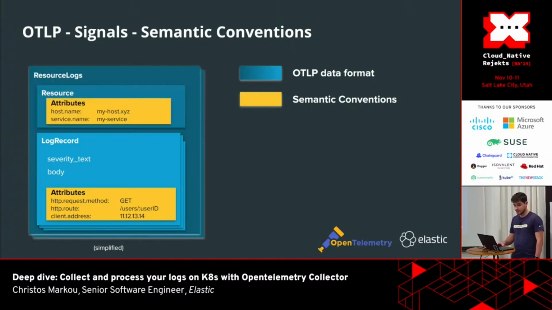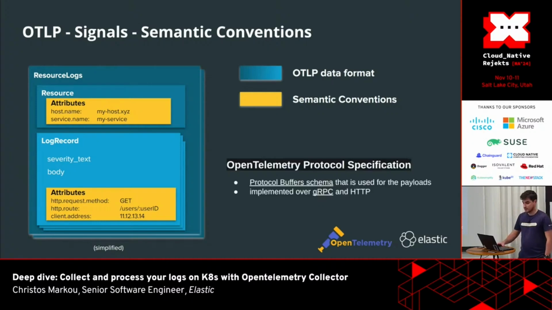And on the resource level, we can add additional resource attributes which describe the resource that is related to this emitted telemetry. Resource attributes and attributes follow the semantic conventions, and the resource log is whatever the protocol defines. So in a simplified version, the OpenTelemetry protocol is a protocol buffer schema definition, which is implemented over gRPC and HTTP.